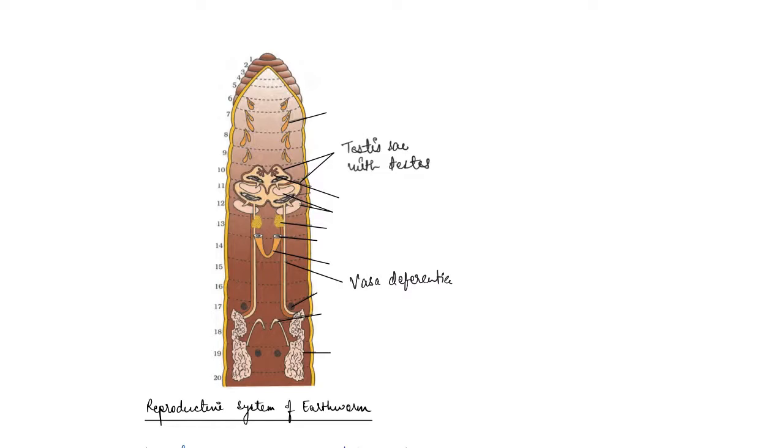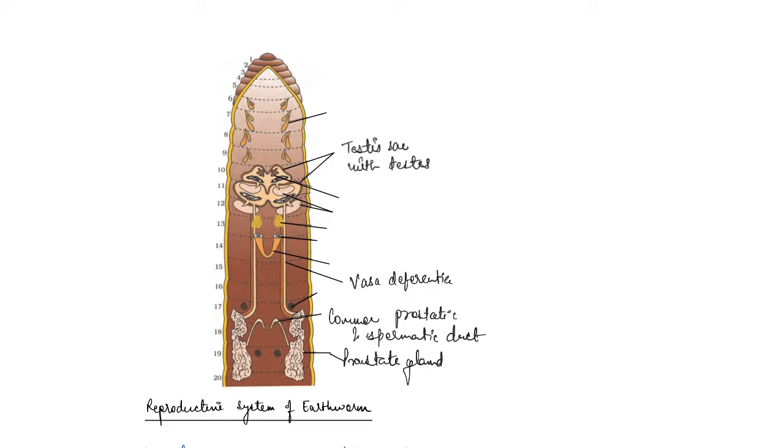These are the common prostatic and spermatic duct. And here you have the prostate gland. This is the prostate gland, right?